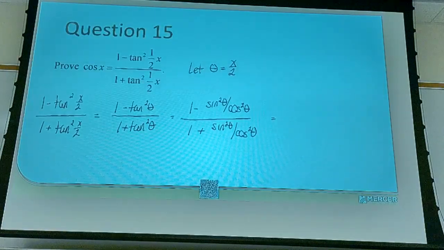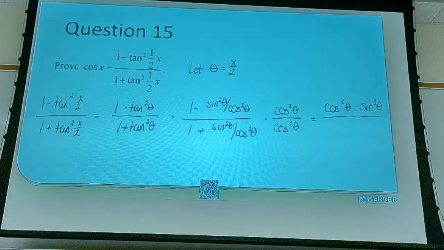Clear out the compound fraction. I'll actually show this. We'll multiply by cosine squared over cosine squared. Cosine squared plus sine squared is 1, right? So that's nice.